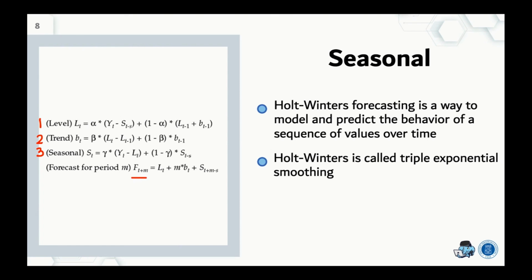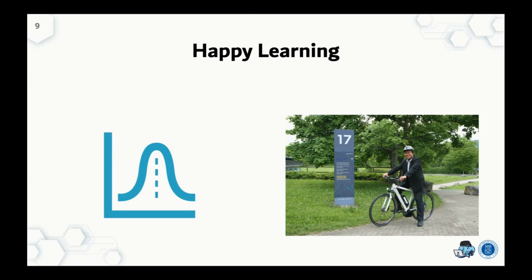This is the Holt-Winters formula, or triple exponential smoothing. So we smooth three times: smoothing with alpha, smoothing with beta that represents the trend, and smoothing with gamma that represents the season. So alpha, beta, and gamma are the smoothing variables.